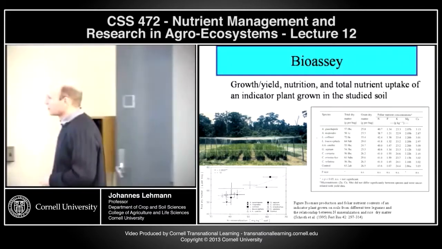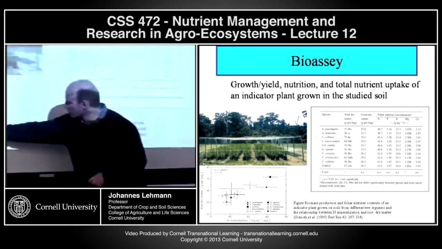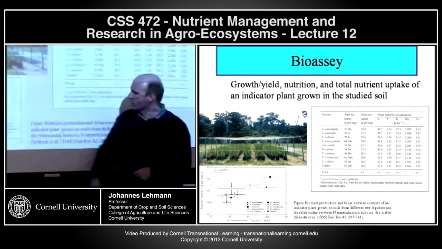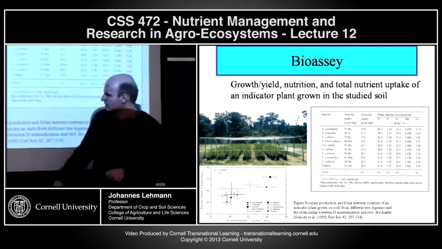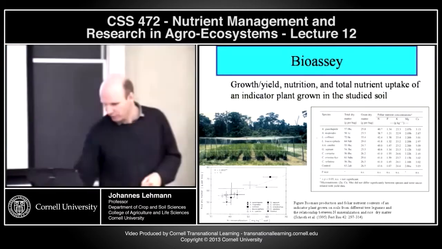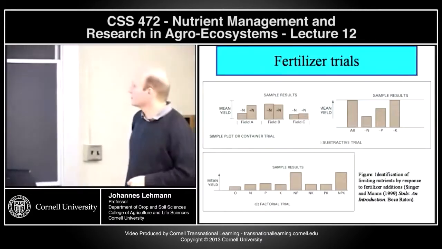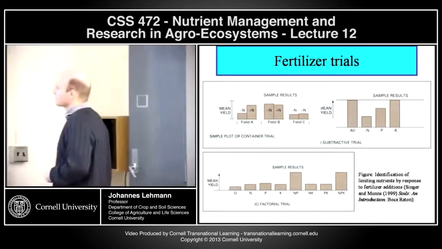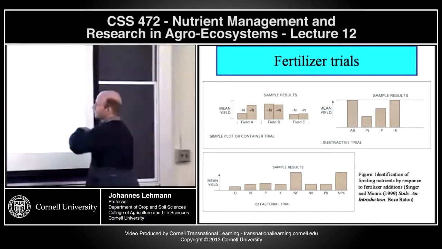And here, for instance, this Leucaena collinsii appeared to have been very efficient in improving nitrogen availability by increasing nitrogen mineralization in the soil. So that's an important way of getting at soil fertility.